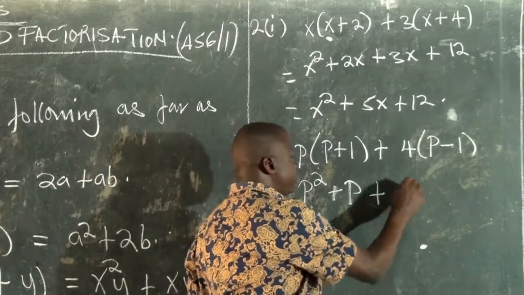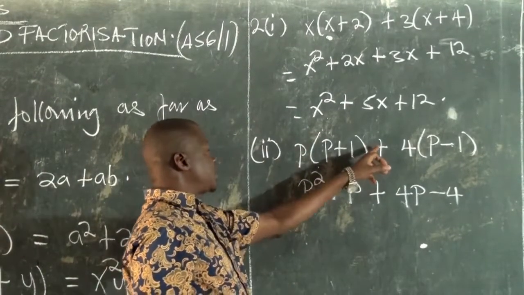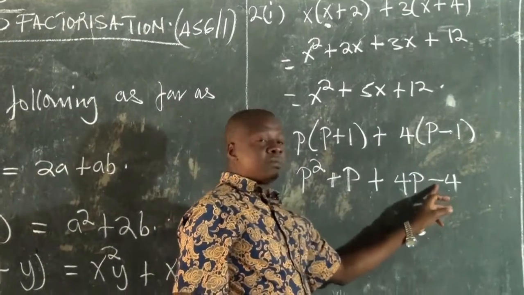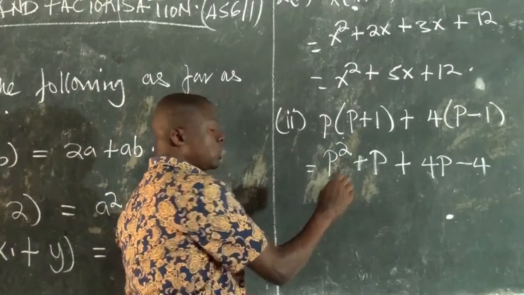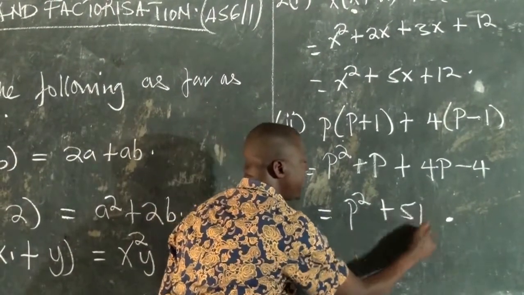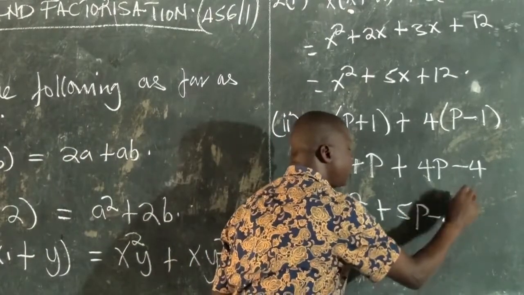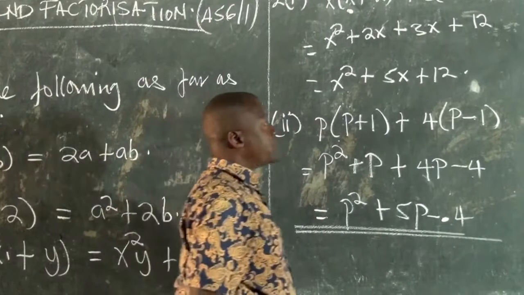This one gives you 4p minus 4. Remember, minus and plus gives a minus. So we can collect like terms. We have p squared plus 5p minus 4. This is also a quadratic equation.